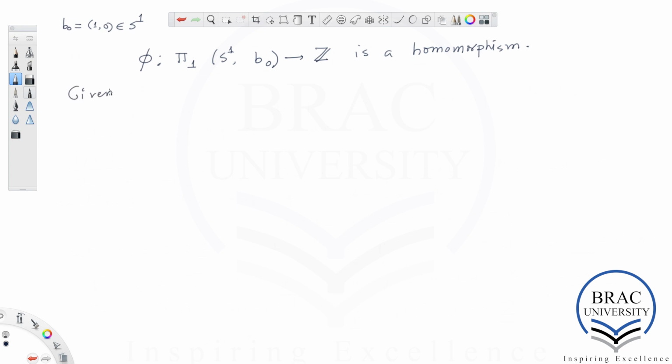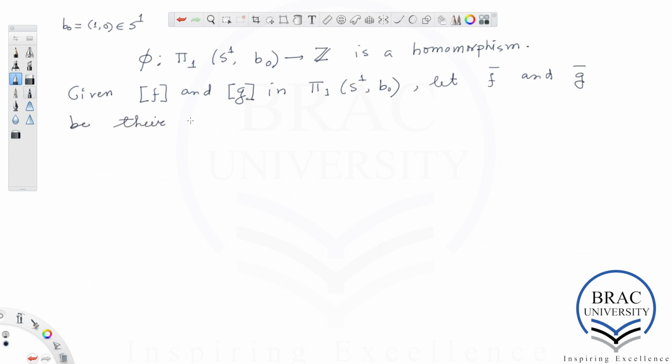Given two elements, the class of F and the class of G, in the fundamental group of the circle with reference to this distinguished point B0, let F bar and G bar be their respective liftings to paths on the real line beginning at E0, which we chose to be the origin of the real line.